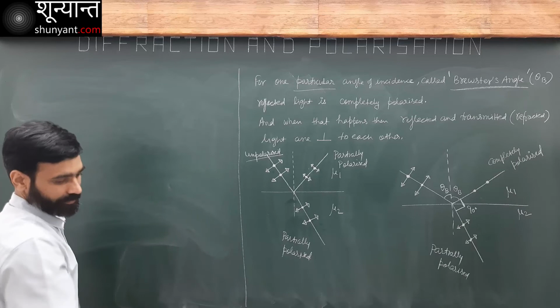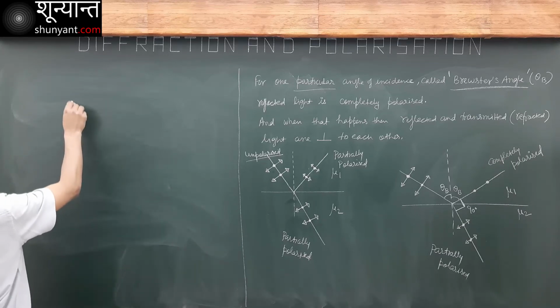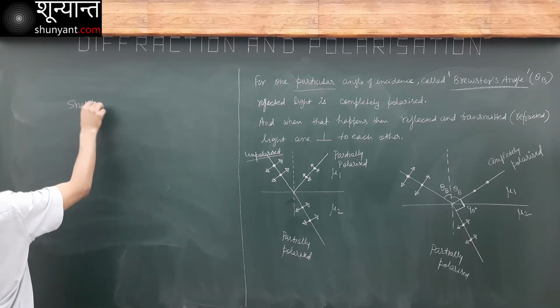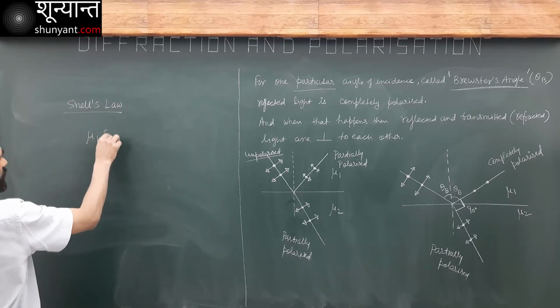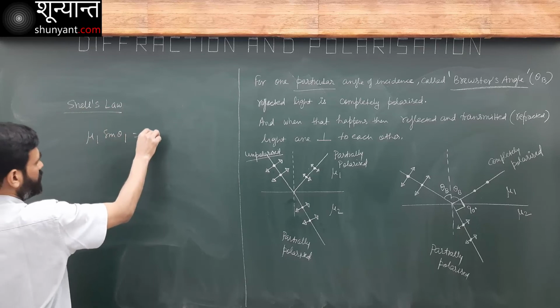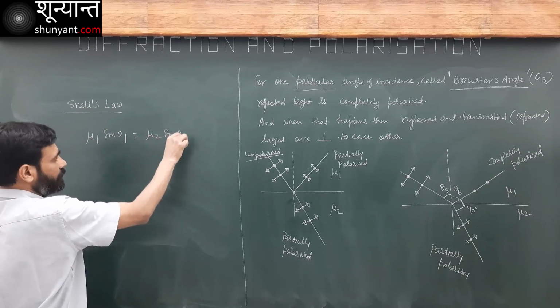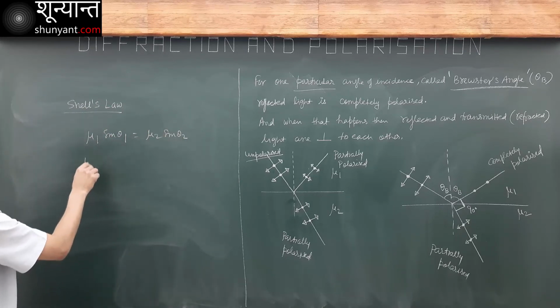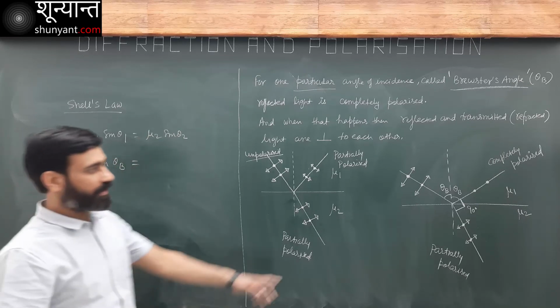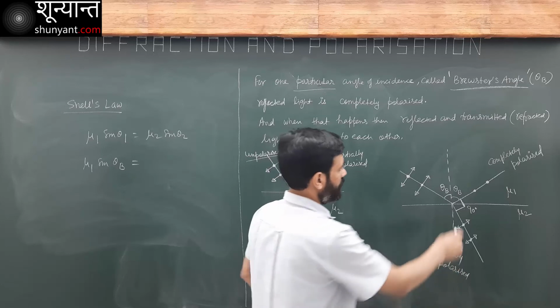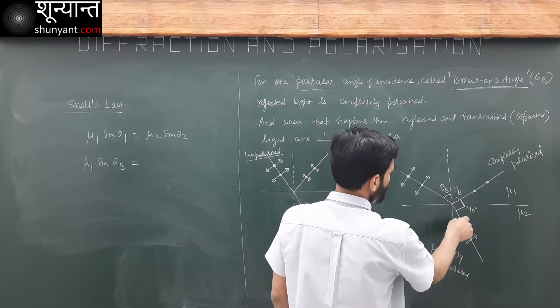We write like this. Snell's law. Mu1 sin theta 1 is mu2 sin theta 2. So this becomes mu1 sin theta b, where theta b is the angle of incidence, Brewster's angle. The whole thing is 90 degrees. Then what will be this angle here?